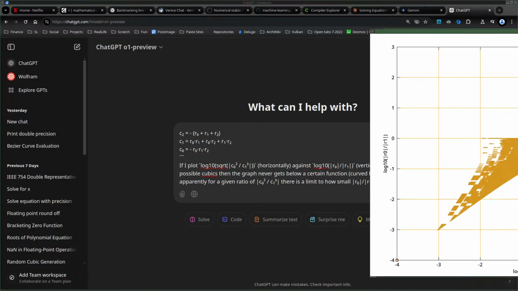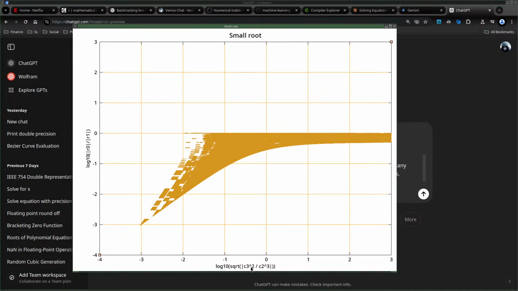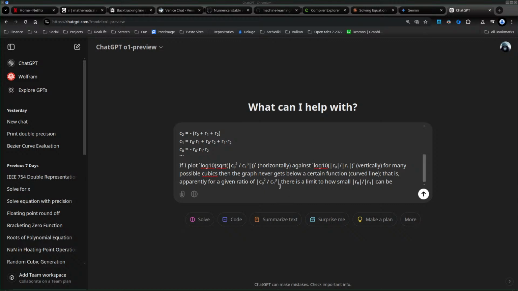Yeah. So for a given ratio of C0 squared divided by C1 cubed, that is for a given point on the x-axis here, this never gets below a certain point. So this is the lowest point here, and this is the lowest point here. Not there, but here, the lowest point. So that describes this curve. I want to know that curve. So there is a limit to how small R0 divided by R1 can be.